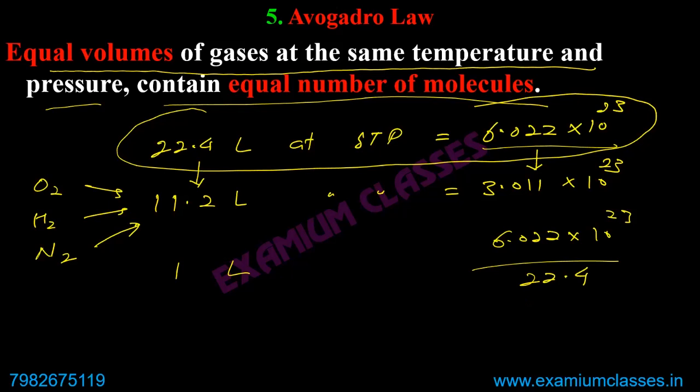So whether it is CO2, carbon dioxide, whether it is ammonia, oxygen, nitrogen, methane, whatever gas, 1 liter will have 6.022 into 10 power 23 divided by 22.4 molecules or atoms. That's why we say that equal volumes will always have equal number of particles or molecules or atoms.